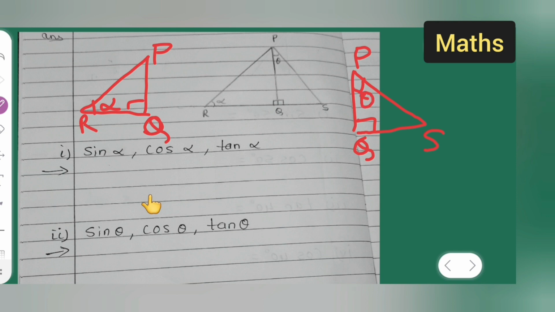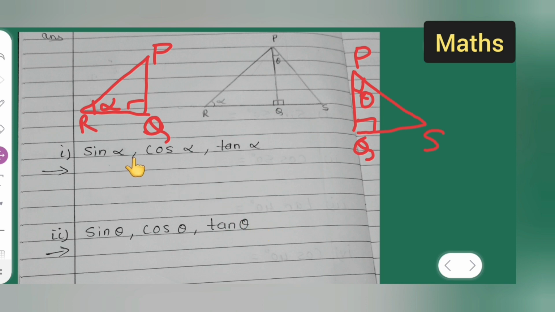So basically what I have done over here is I have taken the side of PRQ in this, because it consists of alpha, okay. So we will solve this using only this triangle, and afterwards we will solve the part which consists of theta.